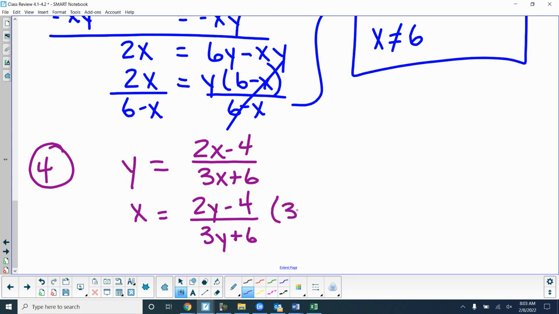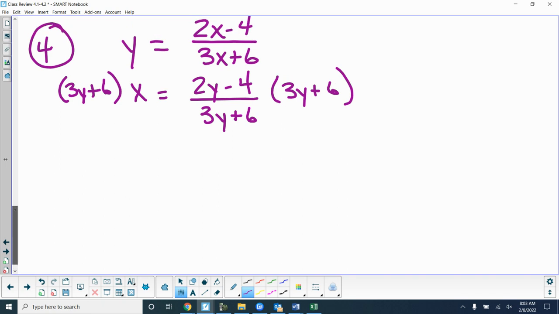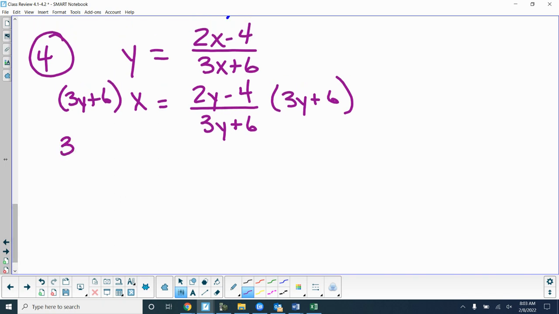Same procedure. Going to multiply by the denominator, both sides, and distribute your x through there on the left. So you got 3xy plus 6x equals 2y minus 4.